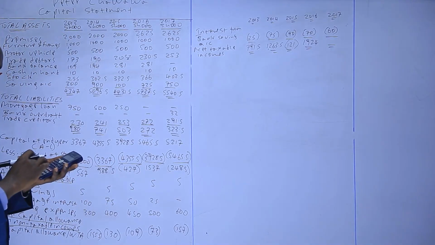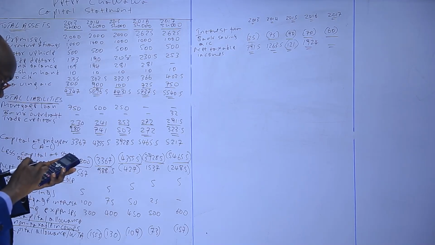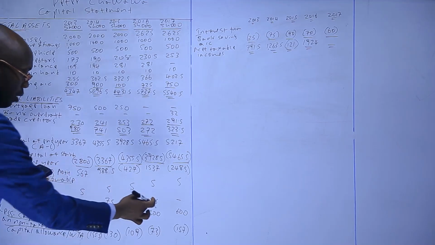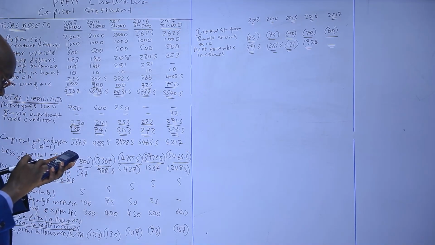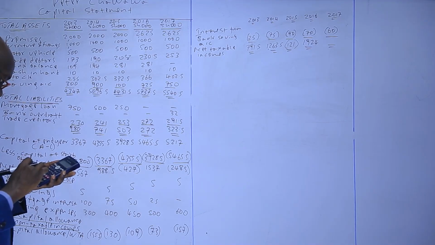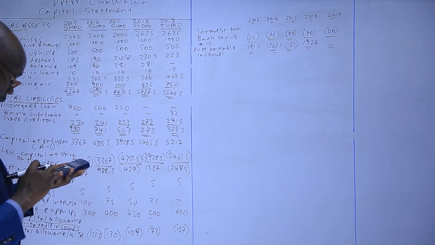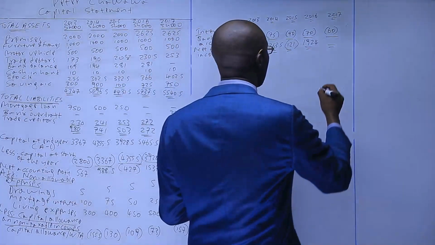Next, negative 248.5 plus 605 minus 157 minus 60. We have 139.5.